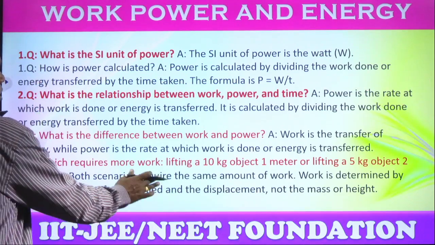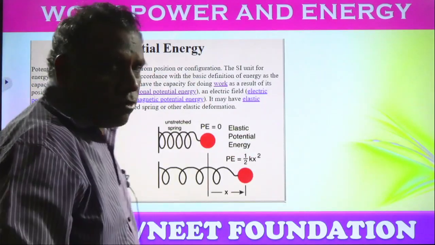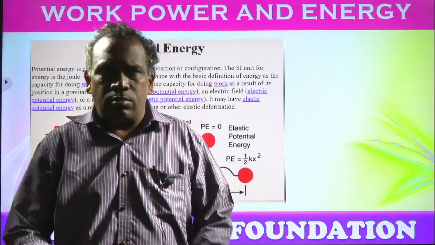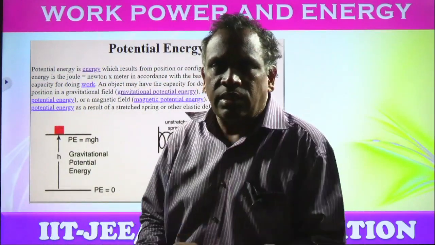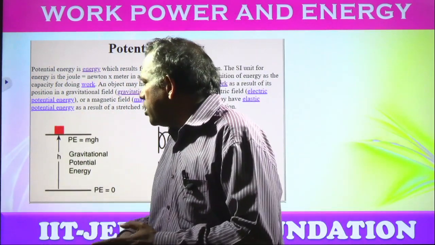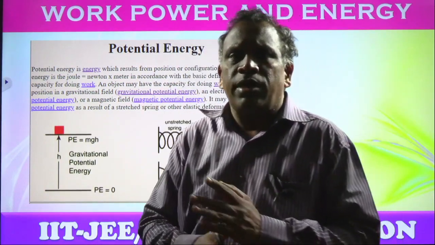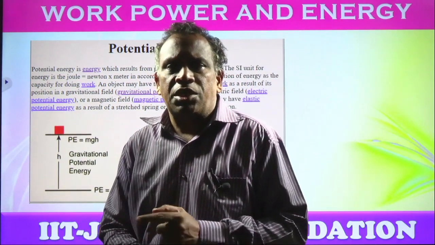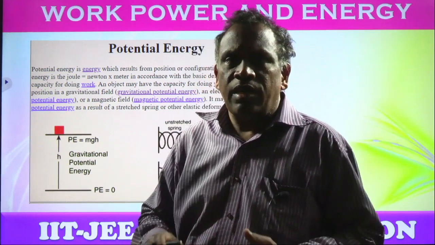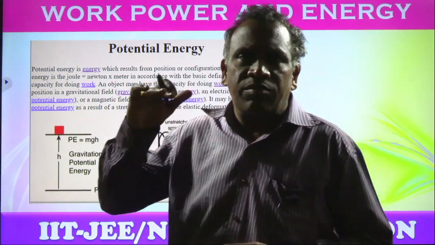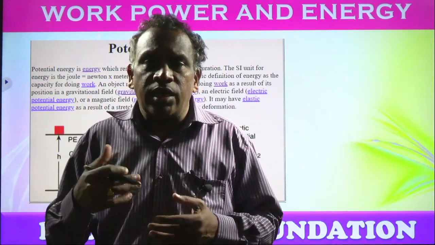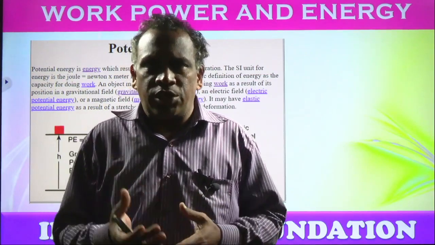Coming to the next: what is potential energy? Potential energy is the energy possessed by a body by virtue of its position, state or configuration. If a body is at a certain height from the ground, the body gains potential energy.